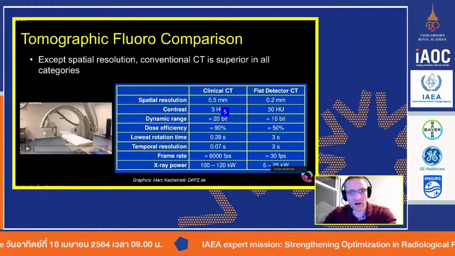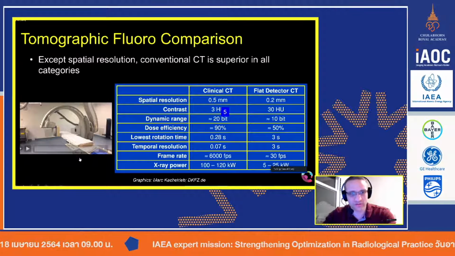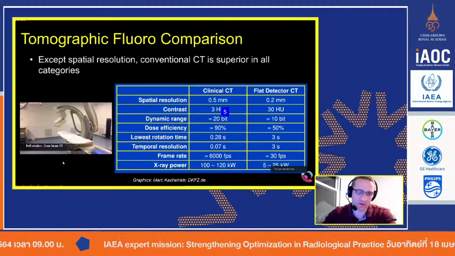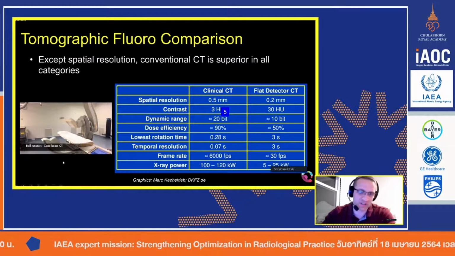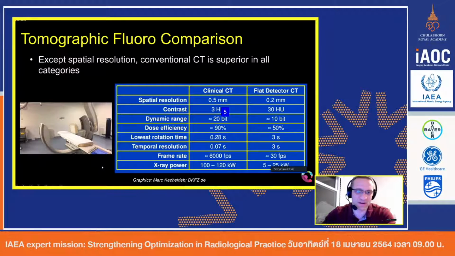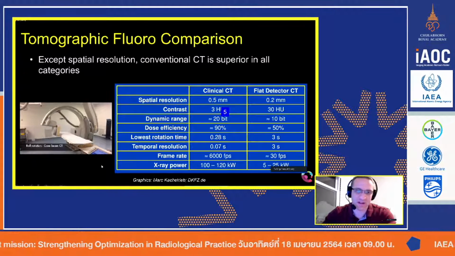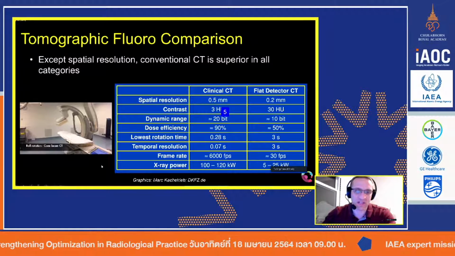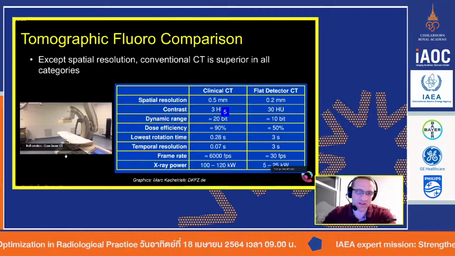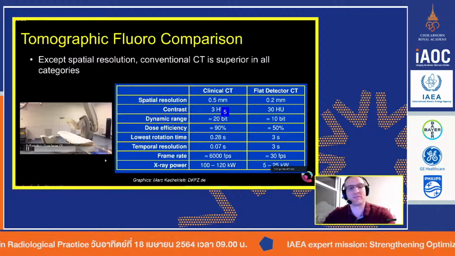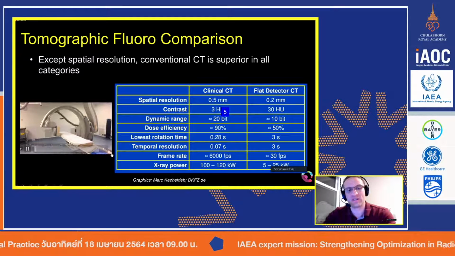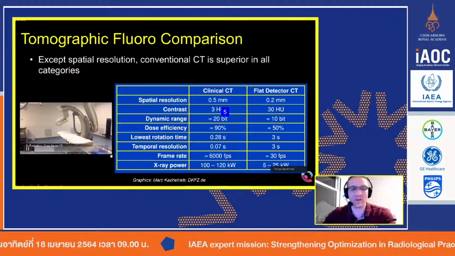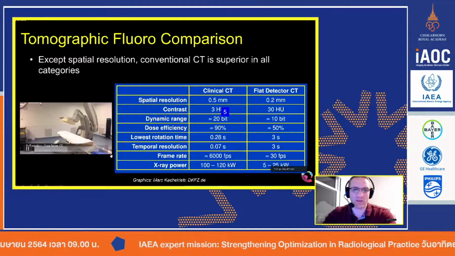So on our typical C-arm CT or fluoroscopic system in an interventional room, they're robotic, and so they can actually move through a specific range. You can see here it's going to go through not quite 360 degrees.